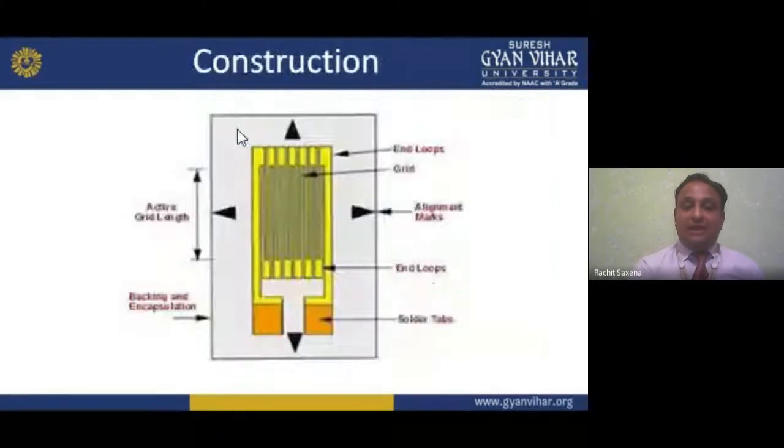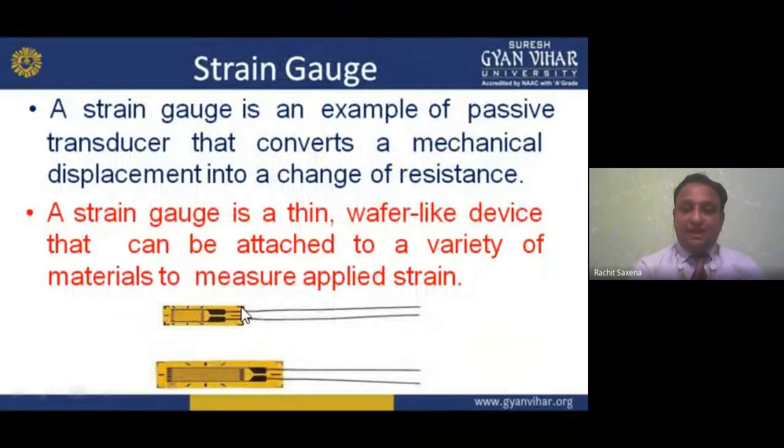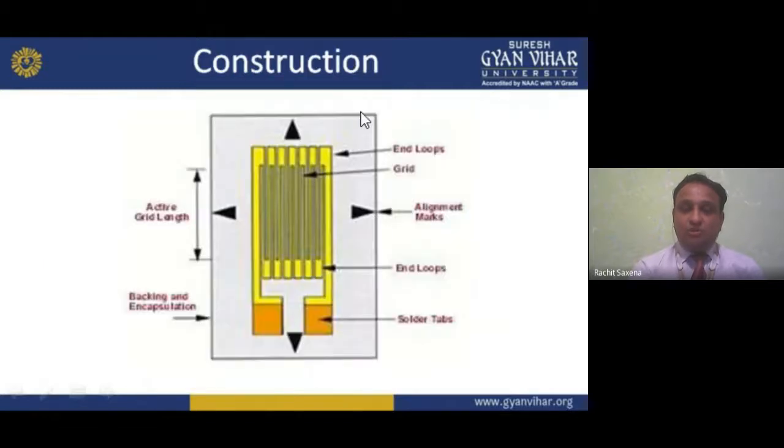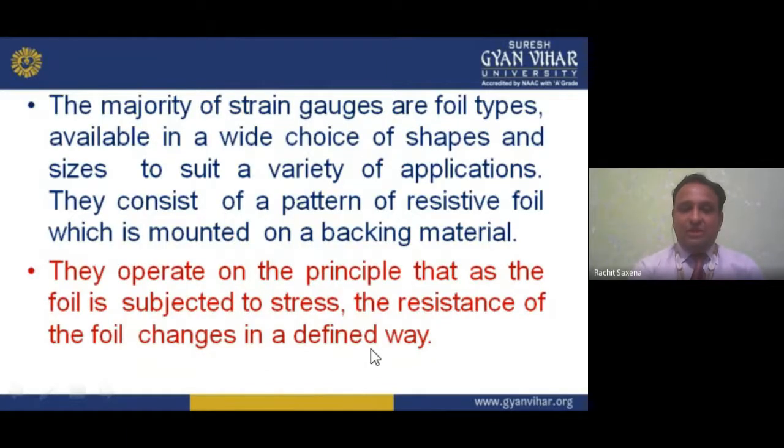If I'm talking about the backing material, my dear student, this is the backing material. Here it is also shown. So they consist of a pattern of resistive foil, which is mounted on a backing material.